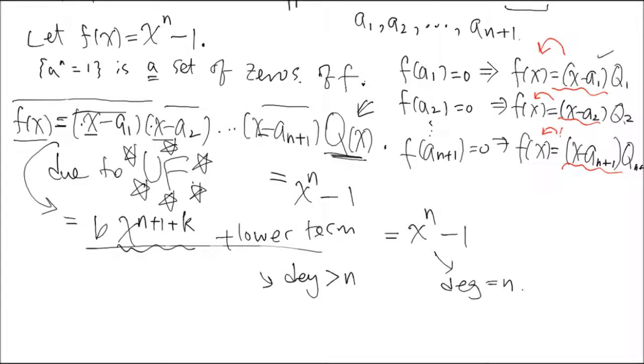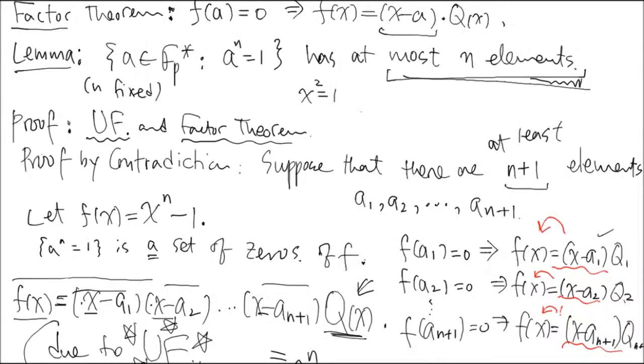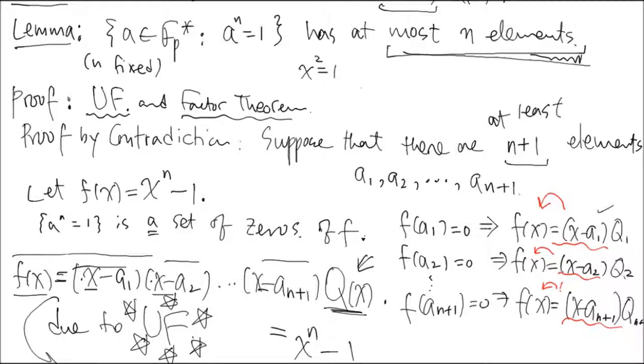So therefore, you cannot have more than n elements. If there are n plus 1, what is the short summary? If you have n plus 1 zeros, n plus 1 elements, that becomes a zero of a polynomial of degree n. A polynomial of degree n in a field can't have too many zeros because of the factor theorem and unique factorization.